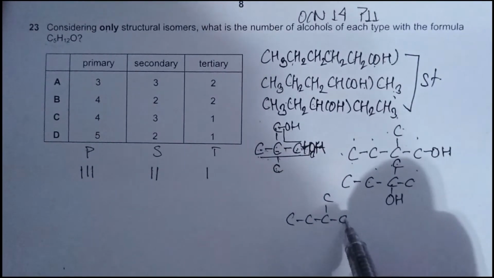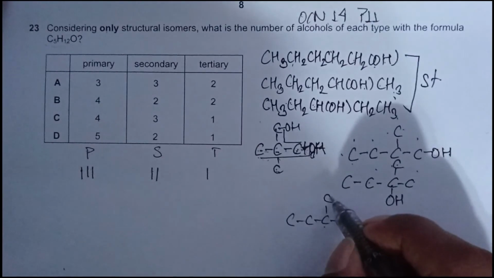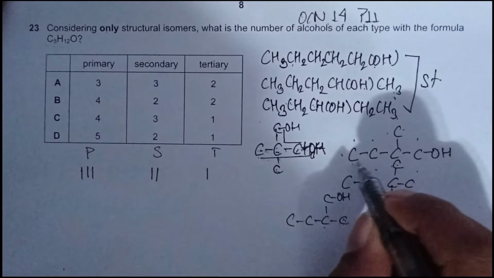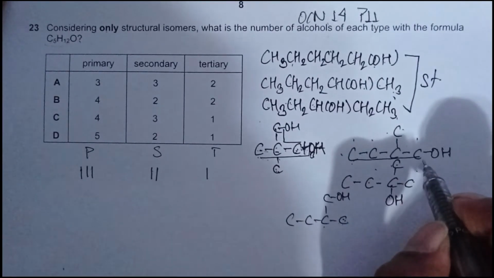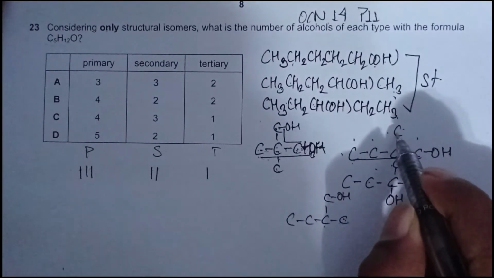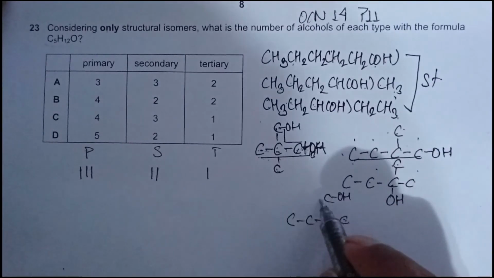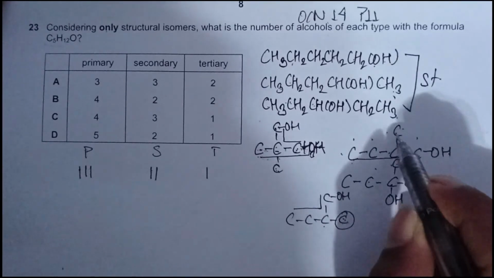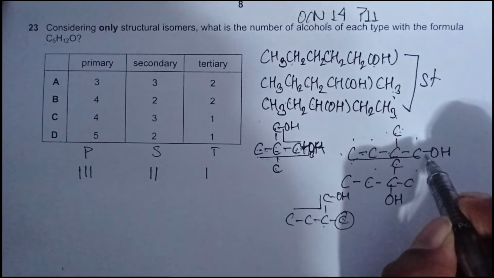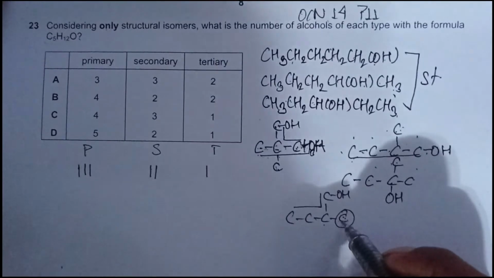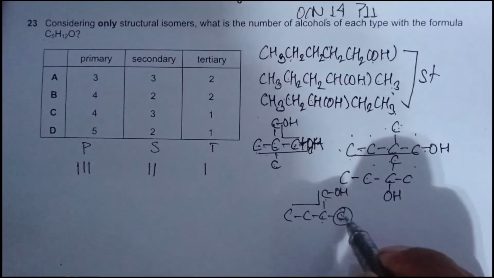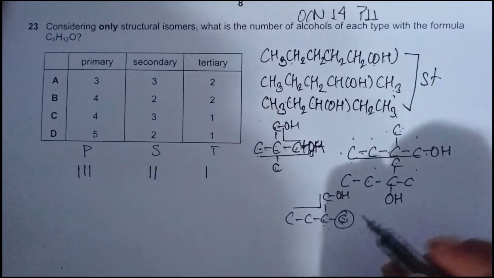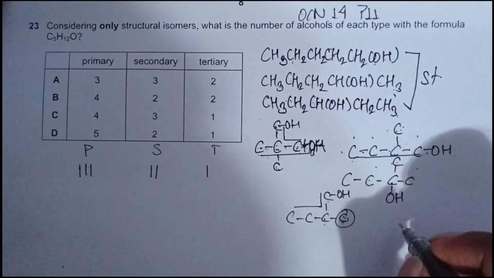We already had 1 here, adding OH here, and here is the same thing, because in this case we consider this as the longest carbon chain, considering this as the methyl group, and for the other we consider this as the longest carbon chain, considering this as the methyl group. So this is 2-methylbutan-1-ol, and again this is also going to be 2-methylbutan-1-ol. So these two are the same thing. We cannot add to our tally here.